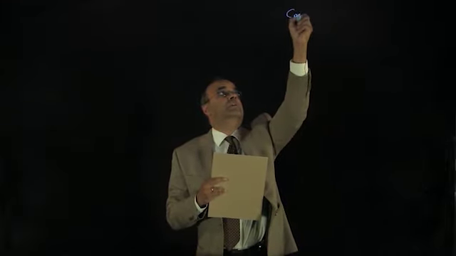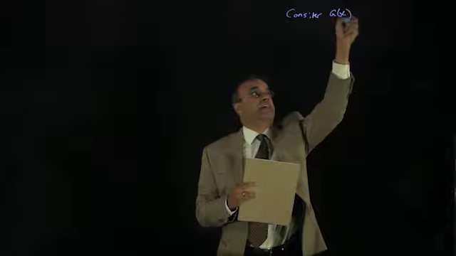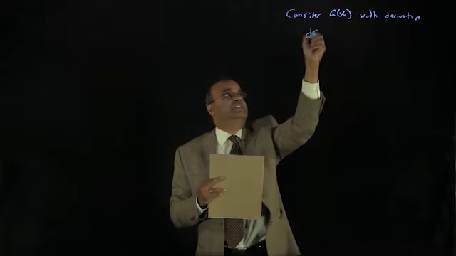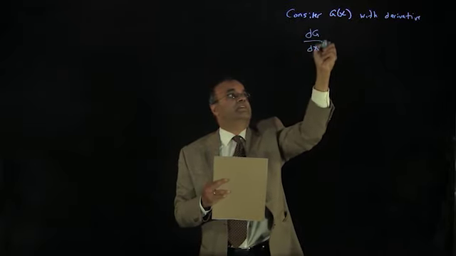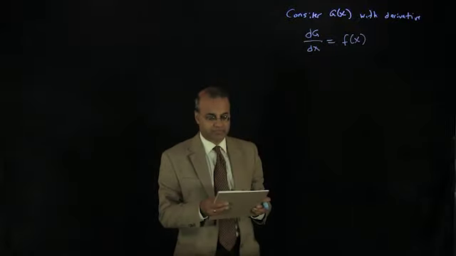So consider a function g of x, and let's assume it's a well-behaved function, by which I mean that it's continuous and differentiable over the interval that we're interested in. So consider g of x with the derivative, so dg/dx equal to another function which I'll call f of x.